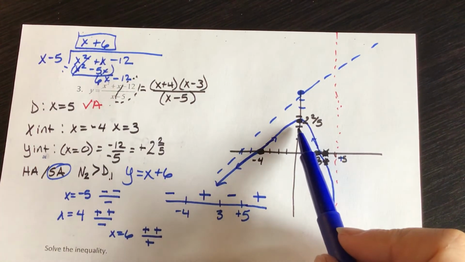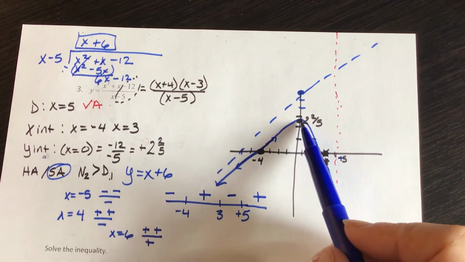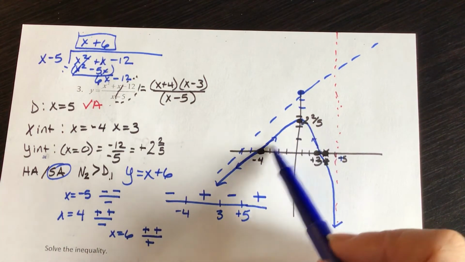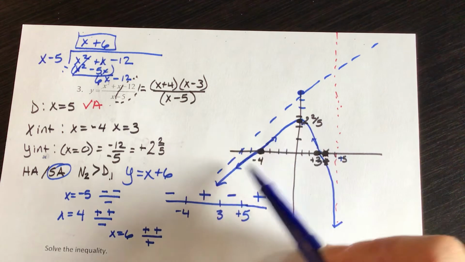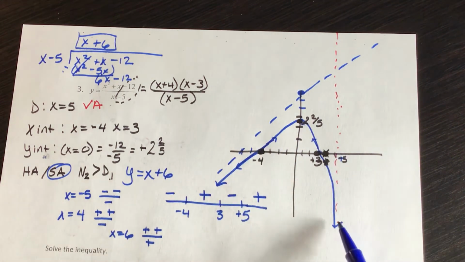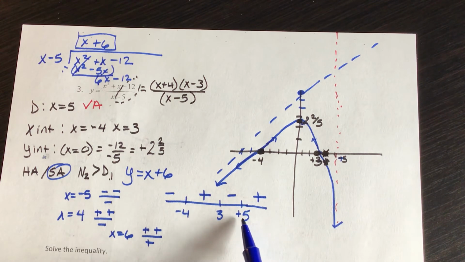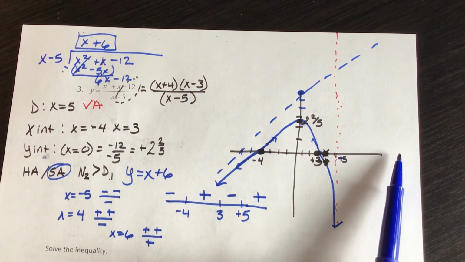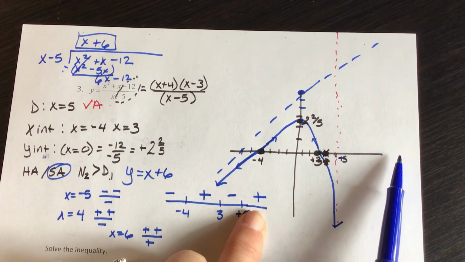Now, it does have to go, both of these, through the y-intercept. So I think that's going to be kind of like a maximum value here. That's where it's going to change direction and turn back around. Then to the right of 5, I'm going to have all positive values.